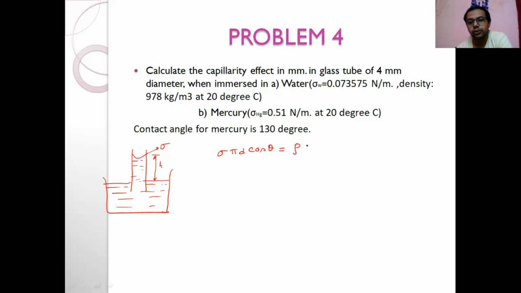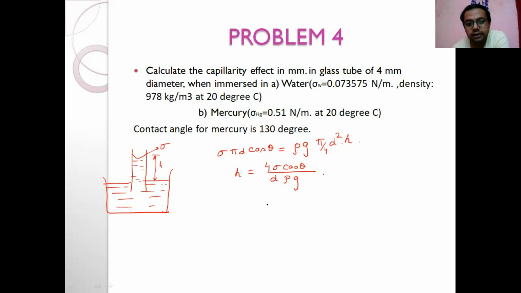That is the weight rho g into volume. What is the volume? Volume is pi by 4 d square into h. So what is the h coming here? 4 sigma cos theta by rho g d. Within 30 seconds it is done.